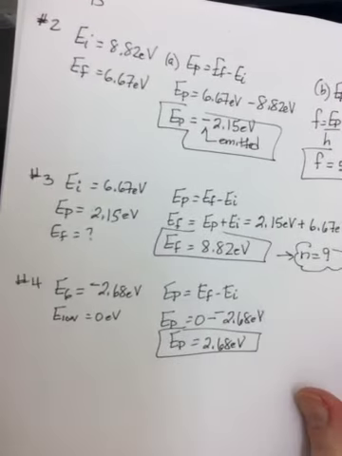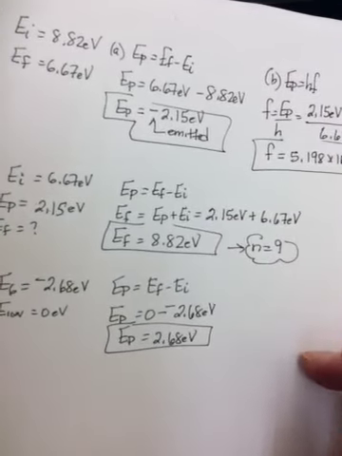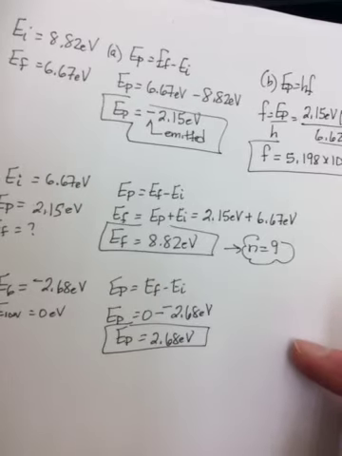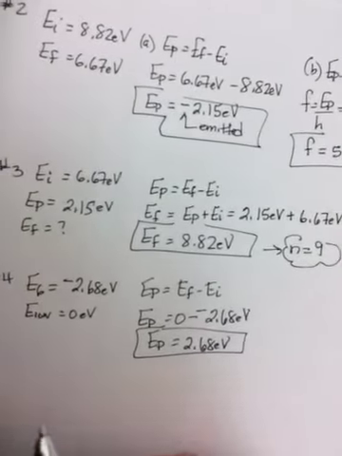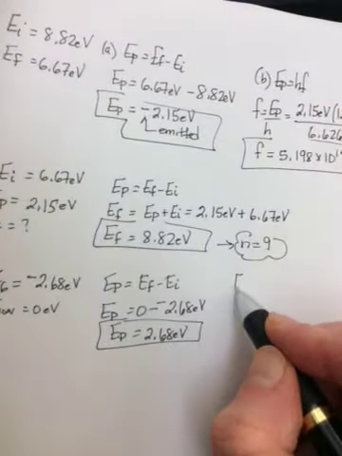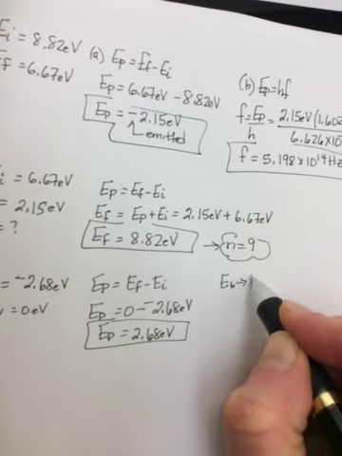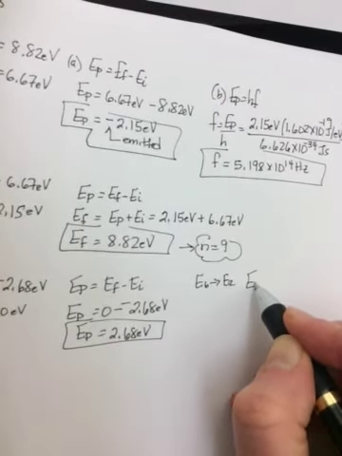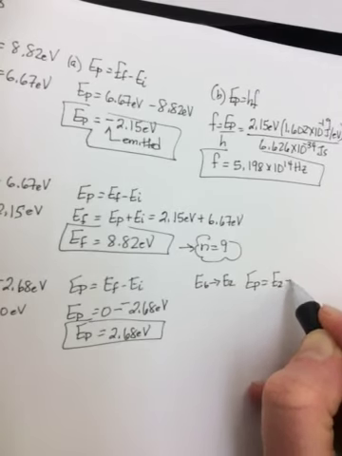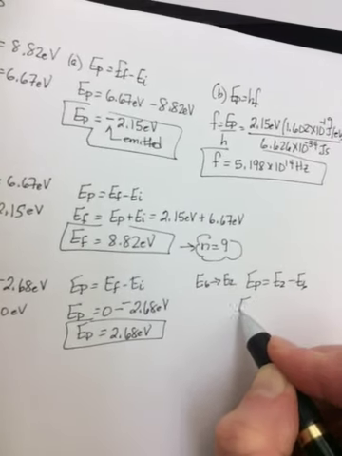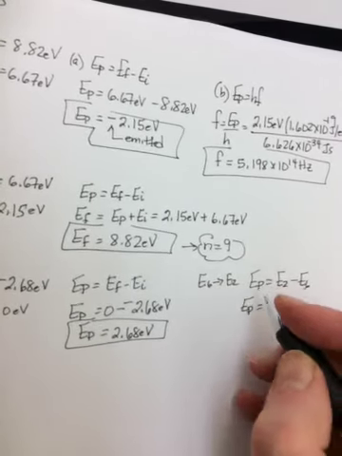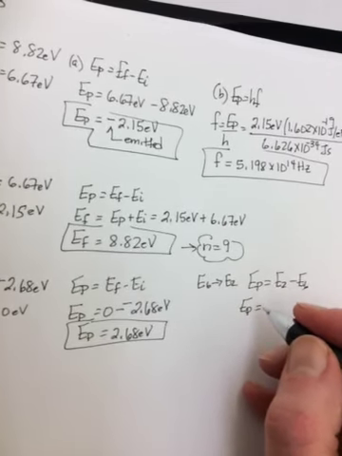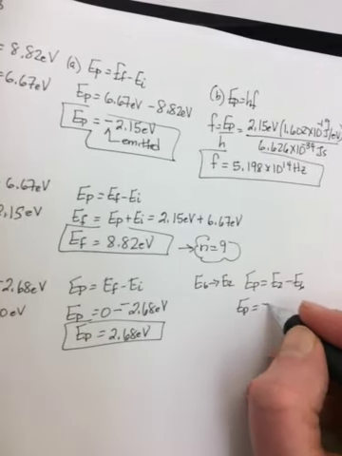For B, how much energy would be released if the electron dropped from the E6 down to the E2 level instead? So now it's going to go from E6 to E2. So E of the photon will be E2 minus E6. Looking at our chart, E2 is negative 5.74.